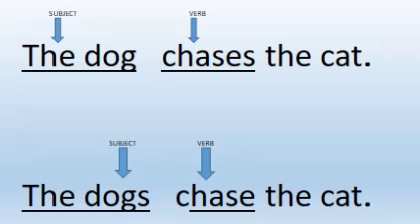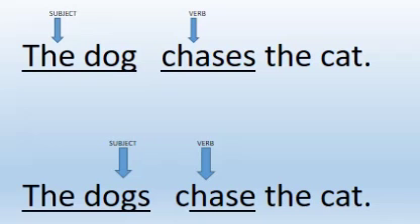When we changed the subject, the verb also changed. When we have written the dog, we have used chases. And when we have written the dogs, we have used chase. Do you know what we call it?